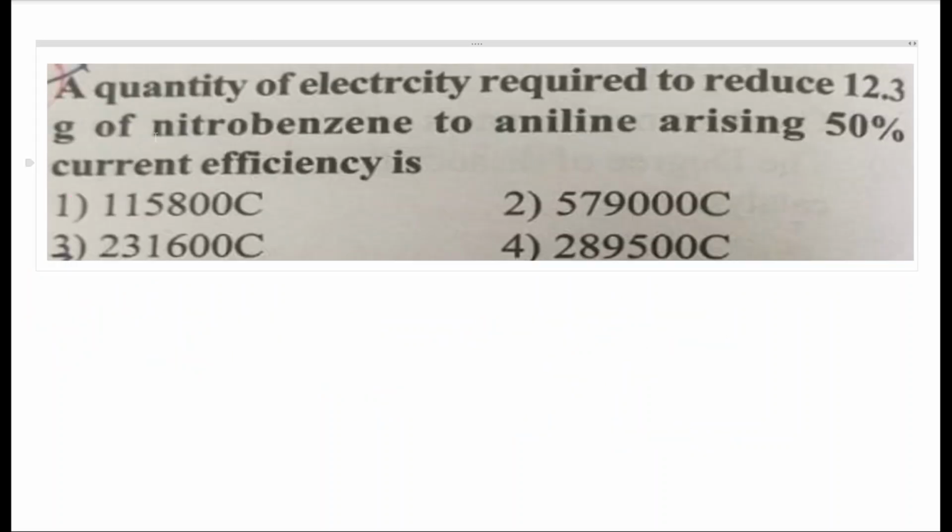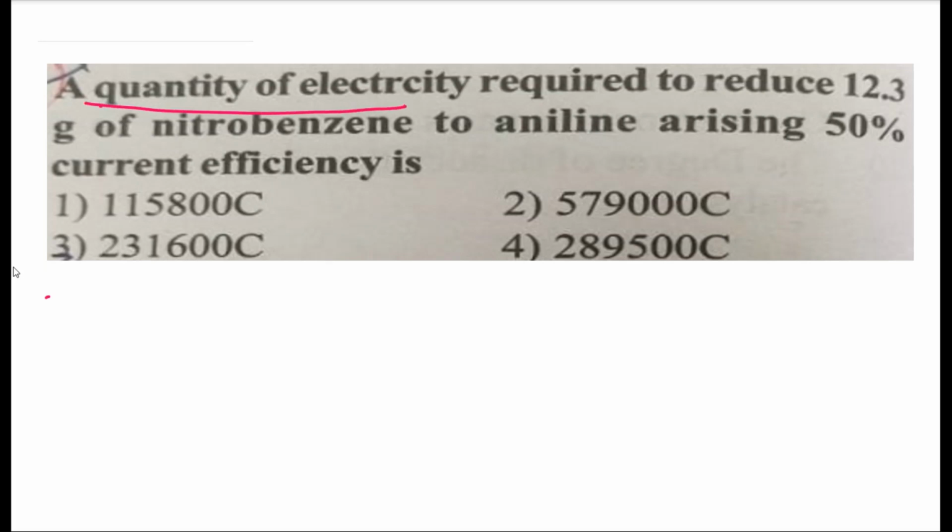A quantity of electricity required to reduce 12.3 grams of nitrobenzene to aniline, assuming 50% current efficiency. Please listen, what is the formula here? You have to calculate the quantity of electricity, and the options are given in coulombs. See this, what is the sequence formula?